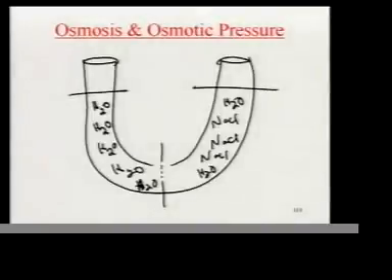Okay? So water could move, but salt could not. But what we've got to realize is that there is still a potential here. Salt still wants to go that way, even though it may be physically prevented from squeezing through here and getting there. Water still wants to come this way, and it can.